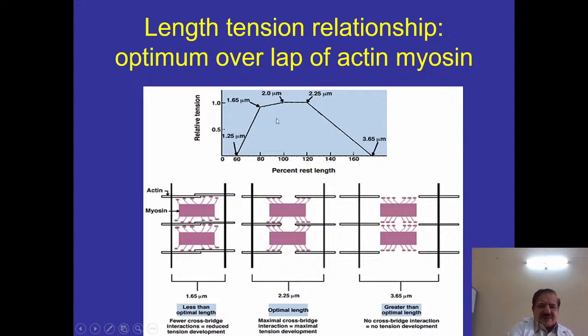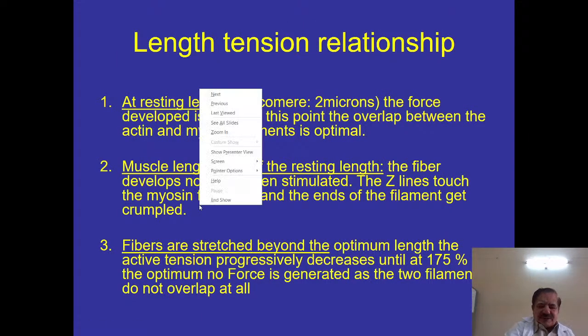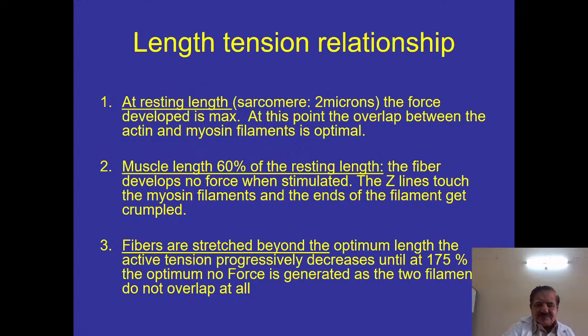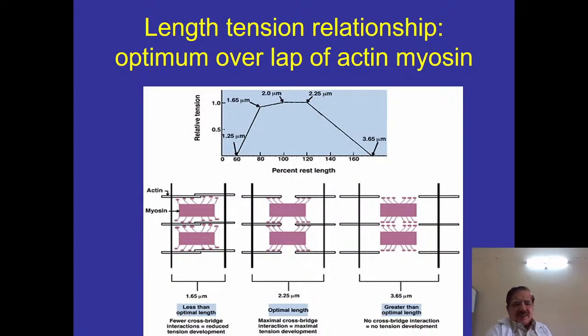And in the third degree here, actin is completely overlapping the myosin filament, and the actin filaments are even overlapping each other. So that band is coming very near.